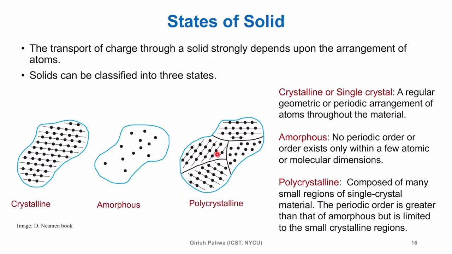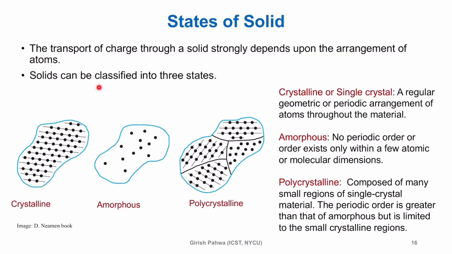Okay, so that's why it is very important that we generate these crystalline materials, especially when we talk about the transport. But polycrystalline and amorphous, these materials also exist, right? They have their own applications, but we'll start with the simplest one, crystalline.